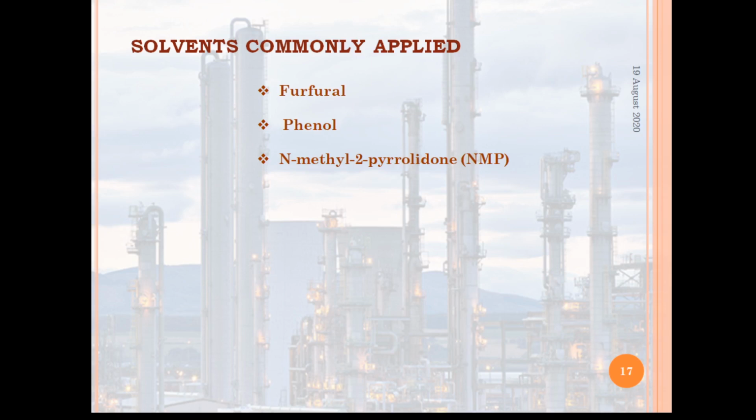To minimize this entrainment and foaming tendency, the flash tower needs to operate at about 290 degrees centigrade to keep the asphalt viscosity at a reasonably low level.